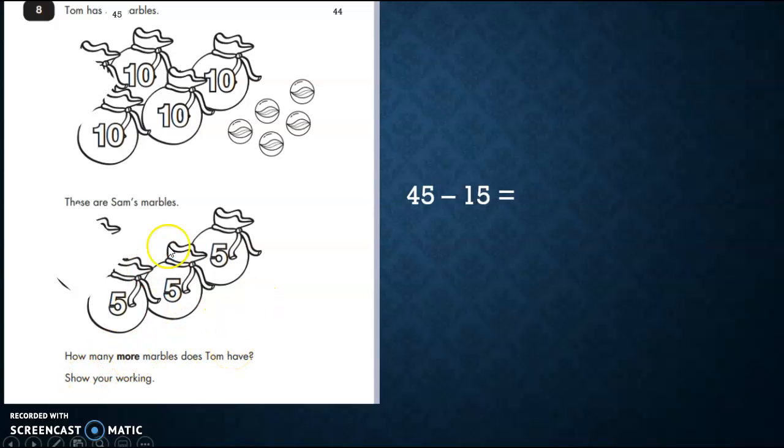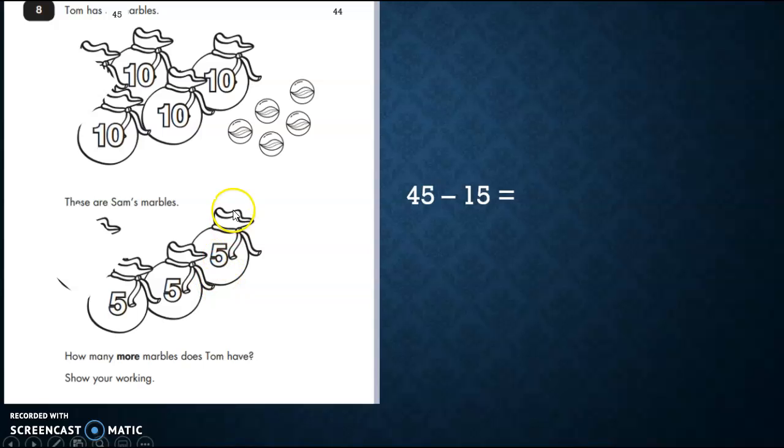Okay, show your working. So we have 45 and we have 15. We need to know how much more Tom has than Sam. Even though it says how many more, it's perhaps trying to get you to think about the difference between the numbers.